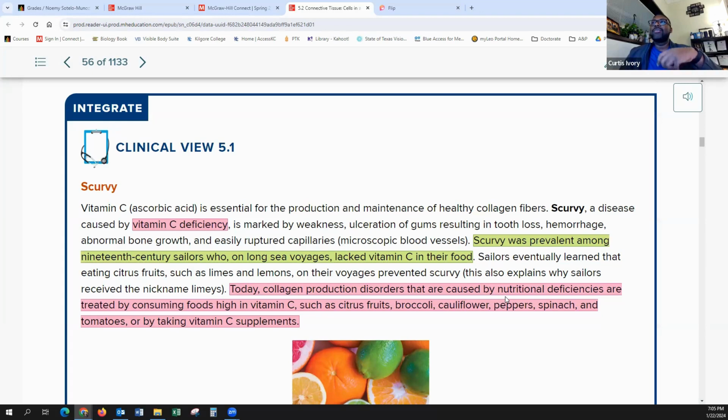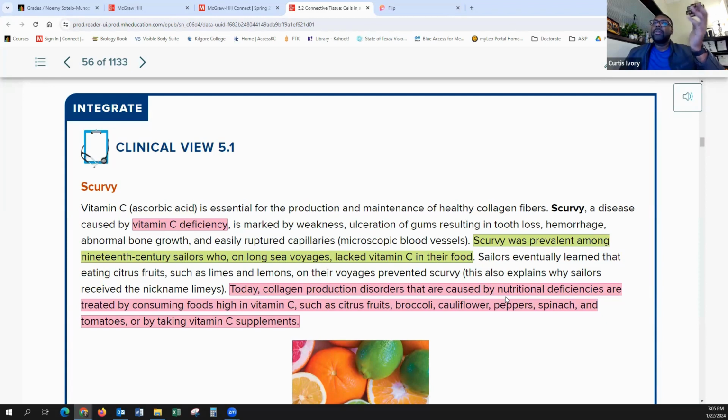Like vitamin D is rickets, and that's if you don't have enough vitamin D, which is vitamin D deficiency. But scurvy is vitamin C. I always make the C sign and say it like scurvy, like a pirate, so that I always remember that it's vitamin C deficiency.